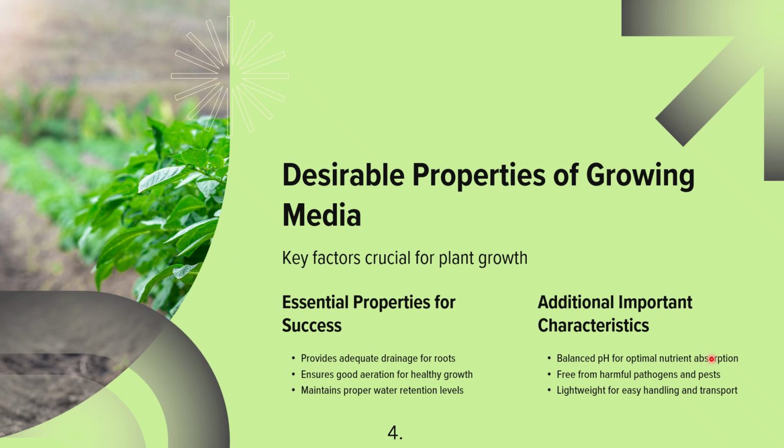Think of pests as the opps, the enemy. They're coming there to destroy your plants, and we don't want to give them that opportunity. So we want to create a free zone, a harmless environment for that plant, so these pathogens and pests don't come and harm our plant. And I also want to make sure it's lightweight, easy to handle and transport.